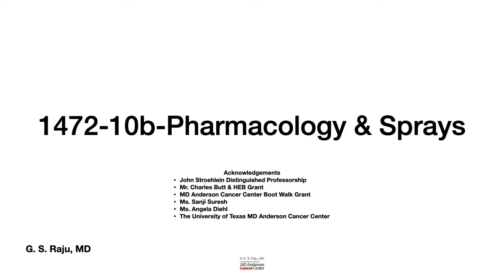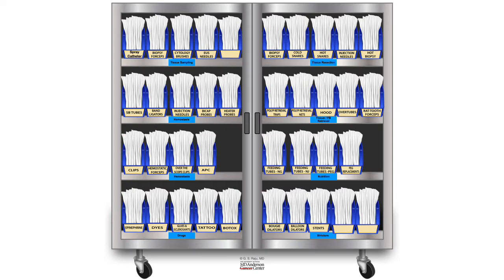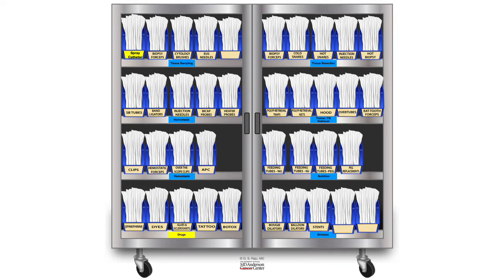So when your physician says, okay, we're going to do the screening procedure with a spray, you should go back to your counter and look for the spray catheter and various types of medications that are used for that particular case.